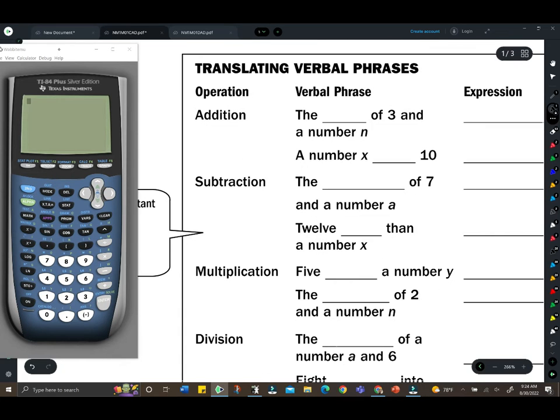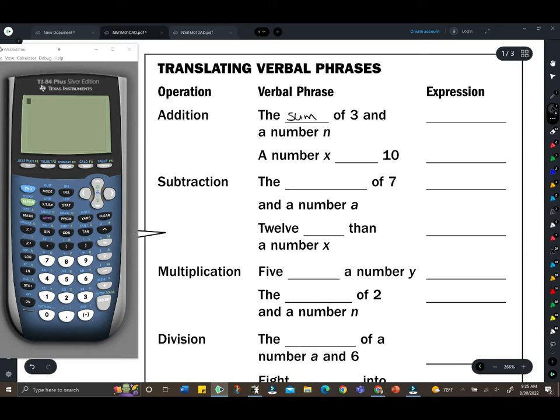Okay, translating verbal phrases. Pretty easy, such as addition. You're going to see words like sum. So the sum of 3 and a number, when we see this, a number n just means replace that with the variable.